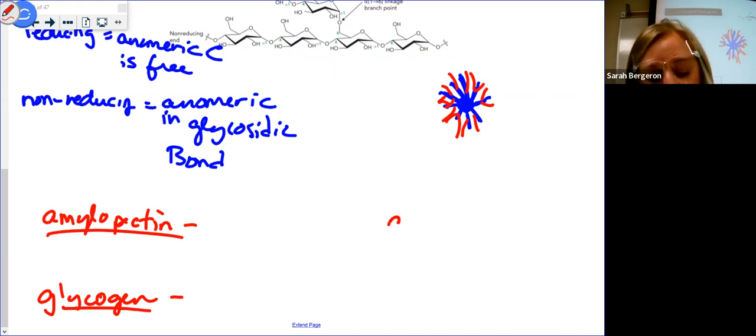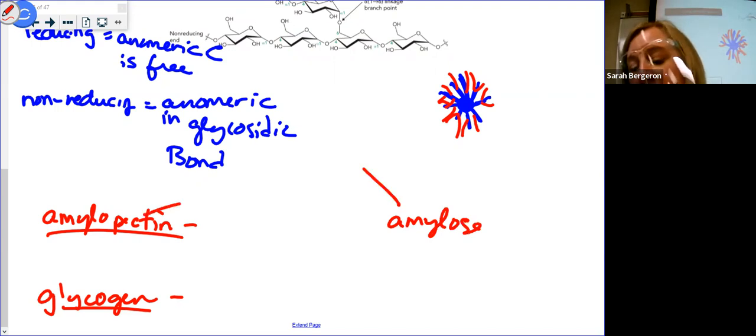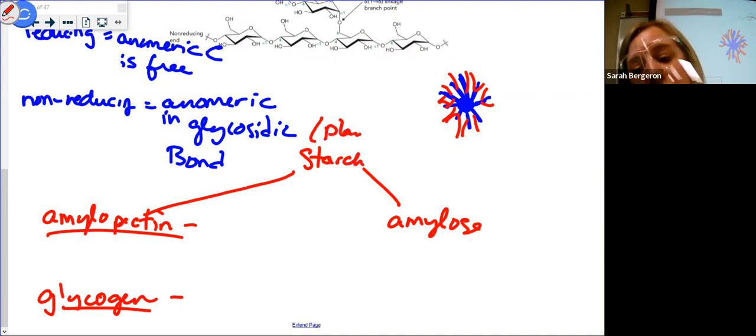And then I also want to talk about amylose, right? So amylopectin and amylose both make up what? Starch, which is plant storage.